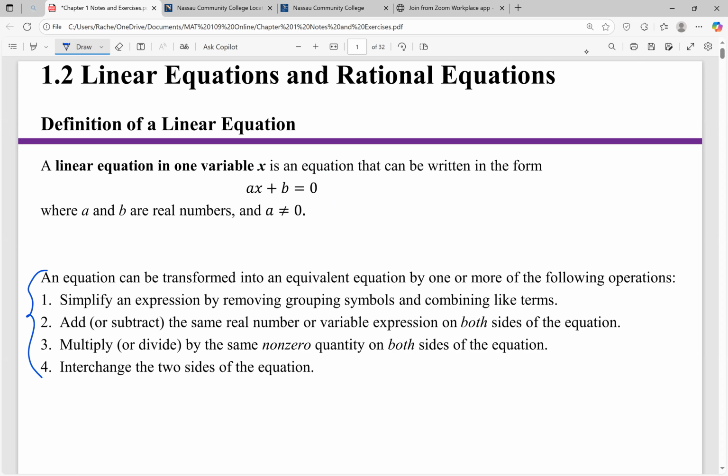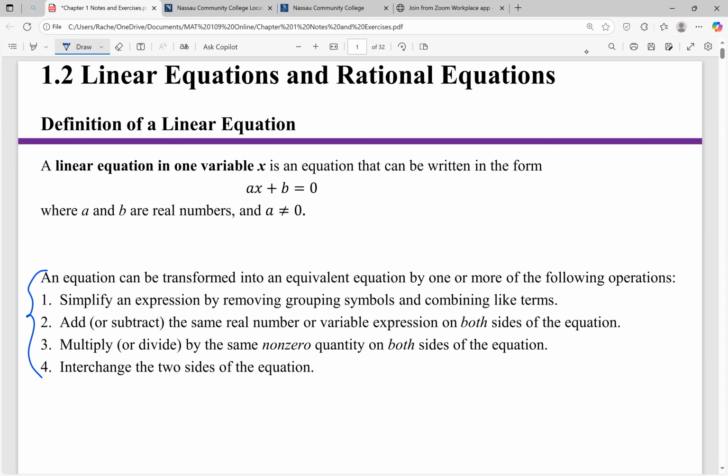We could also multiply or divide by the same non-zero quantity on both sides of the equation. We could even interchange the two sides of the equation. Really, as long as we're keeping the equation the same, meaning both sides are equivalent to what we started with, then we're able to continue on and solve for x.